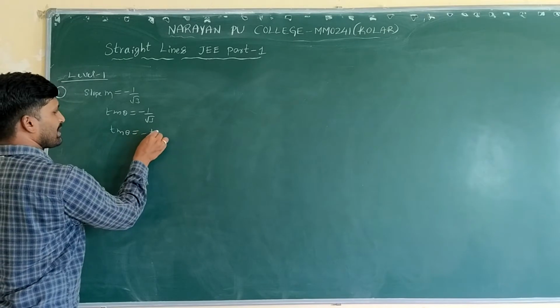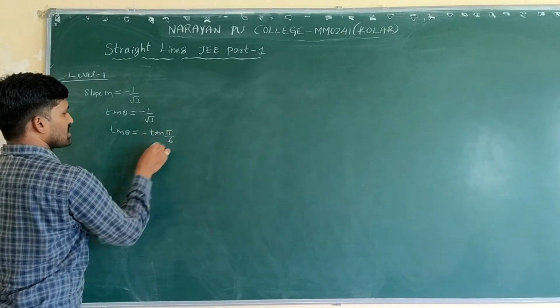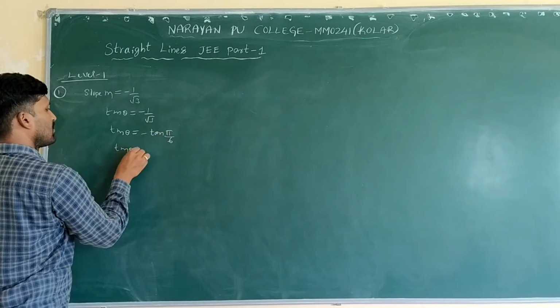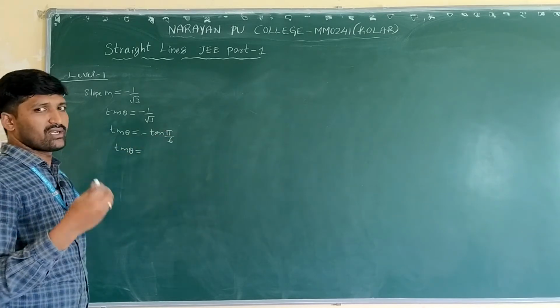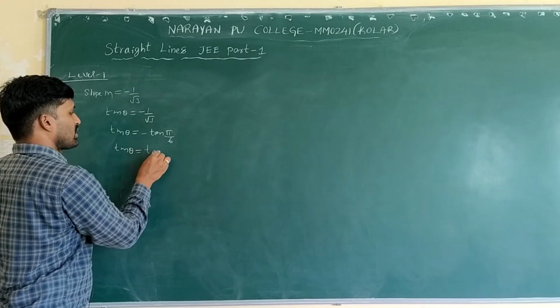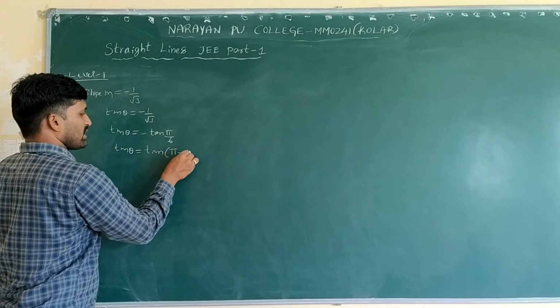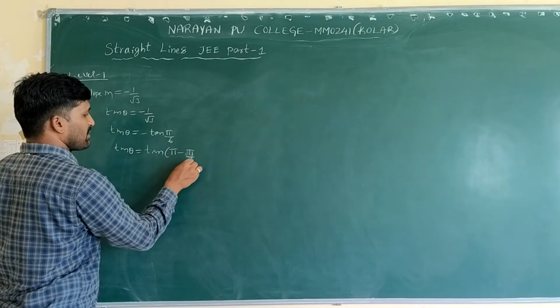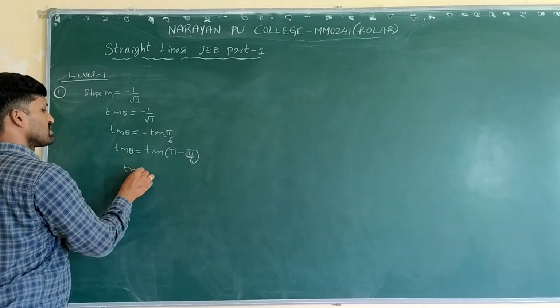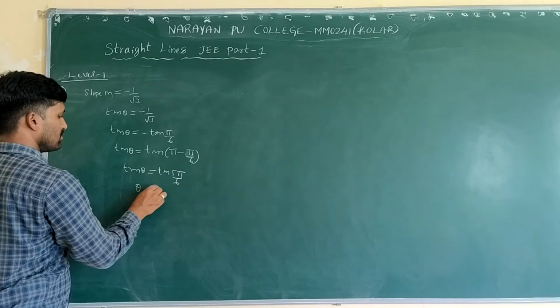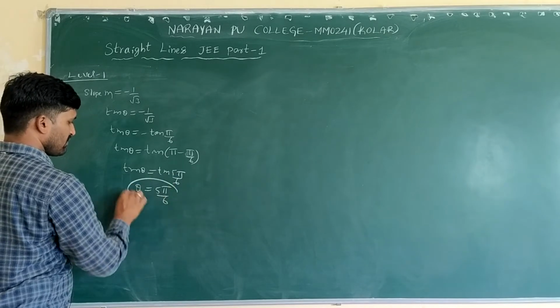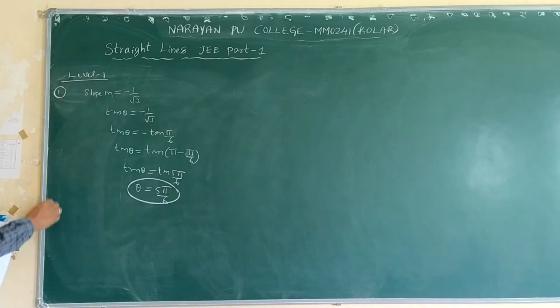If you don't know directly, we can write it like this: minus tan pi by 6. Now minus tan lies in which quadrant? Second quadrant. In the second quadrant, to get the same function, we can take tan of pi minus theta, that is pi minus pi by 6. From this, tan theta is equal to tan 5 pi by 6, so theta is equal to 5 pi by 6. This is the inclination of the line.